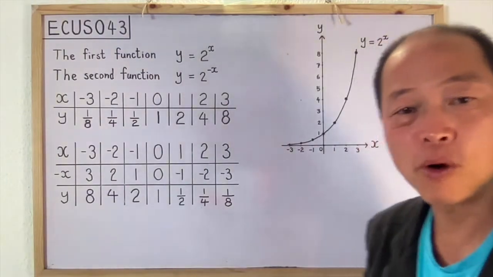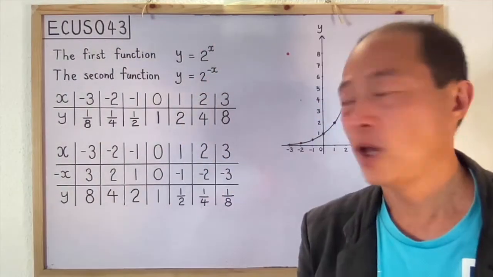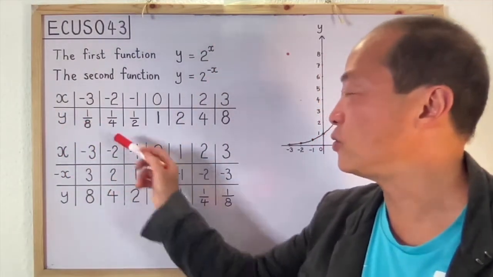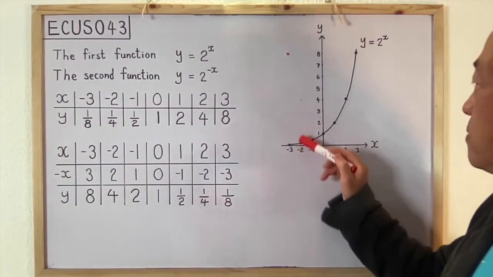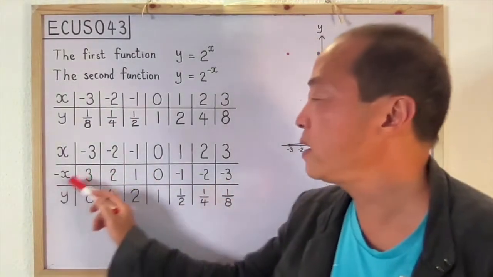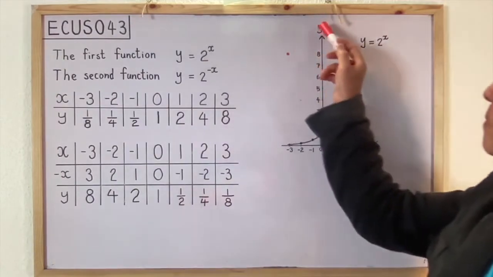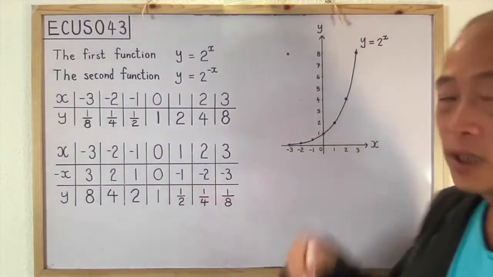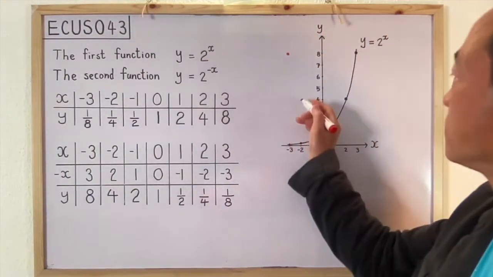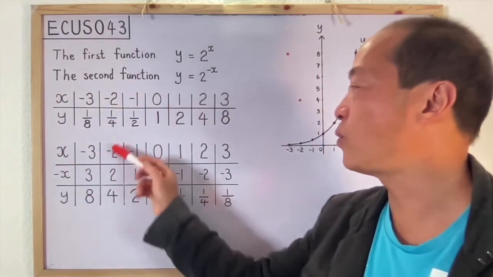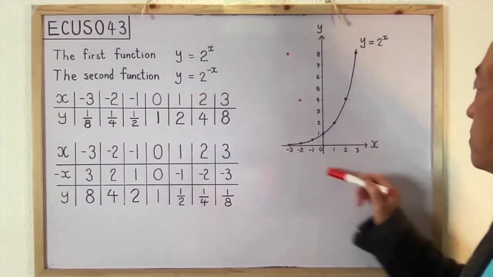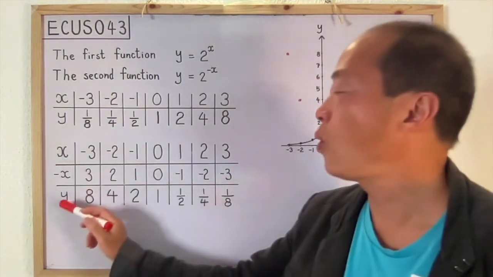We have this point. When x is minus 2, y is 4. We have this point. When x is minus 1, y is 2.